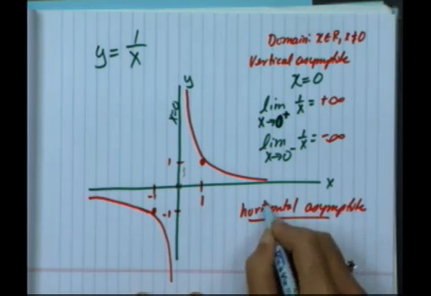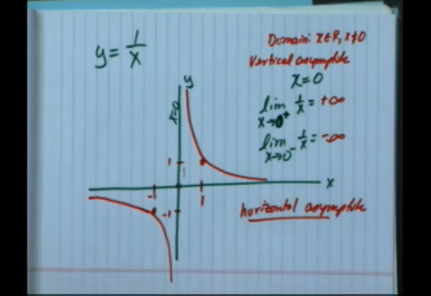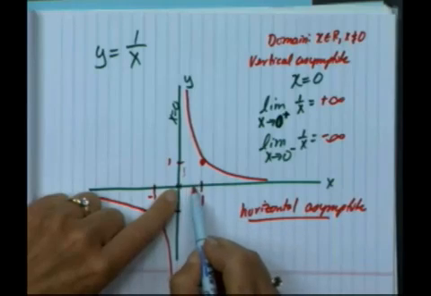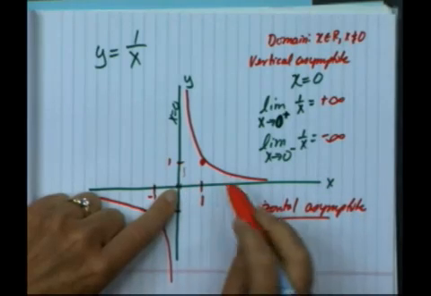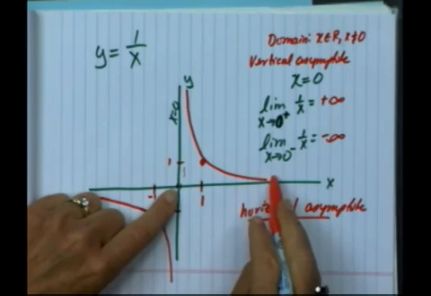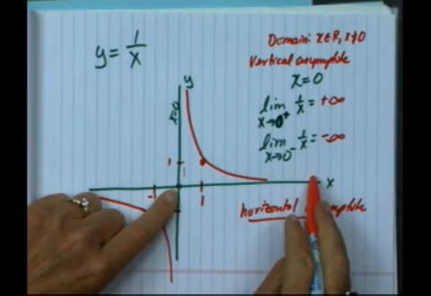Horizontal asymptote. Well, horizontal we know is a horizontal line. Okay, the definition of a horizontal asymptote: as x gets really, really big, or x gets really, really small, what does the y value get very close to? So let's just do a visual here. As x gets really, really big, what is this y value getting really close to? 0.